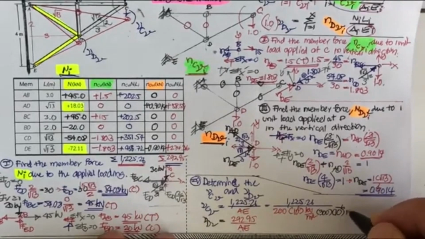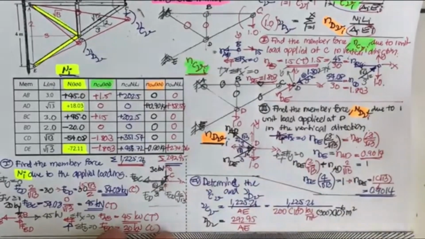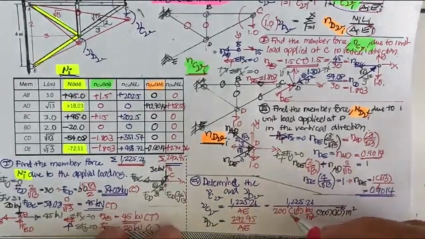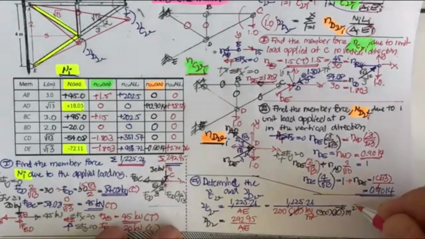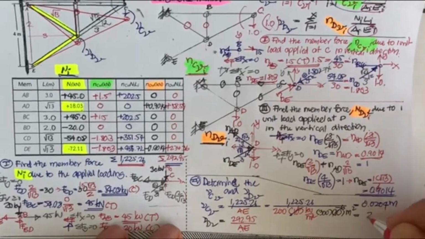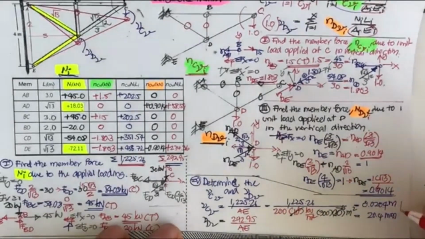Okay, and then if you push everything, this is cut, you may get 0.0204 meter, or it's going to be 20.4 millimeter, and this moves downward.